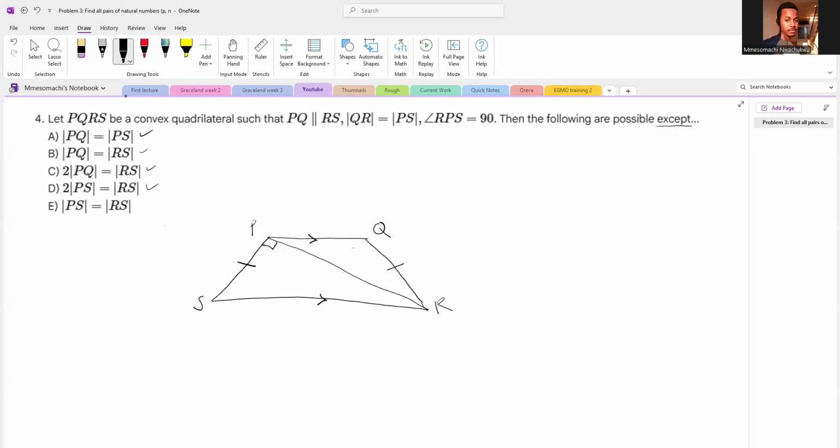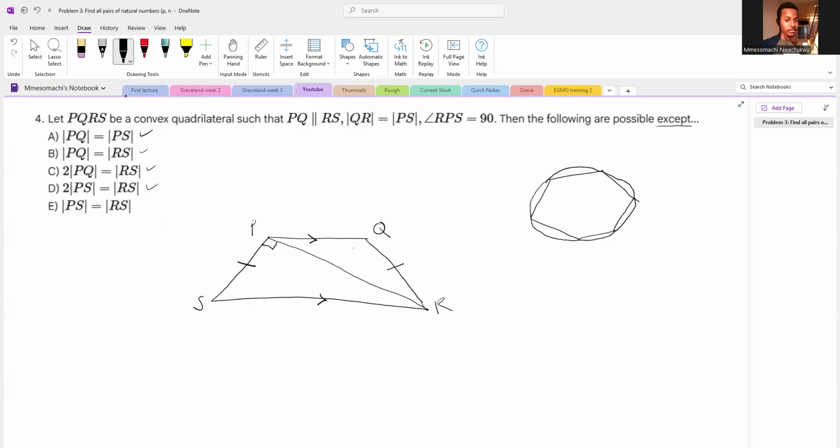Okay, so if you have a hexagon, since it's regular, it means it's cyclic. So I'll just try and draw a circle.